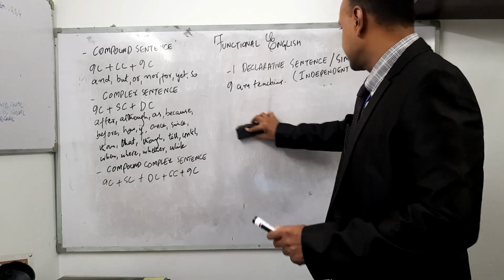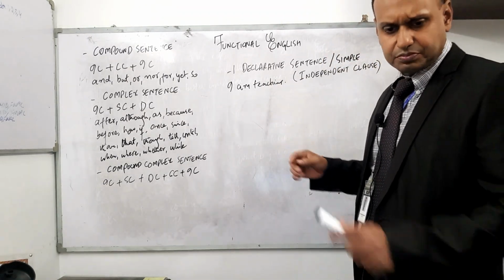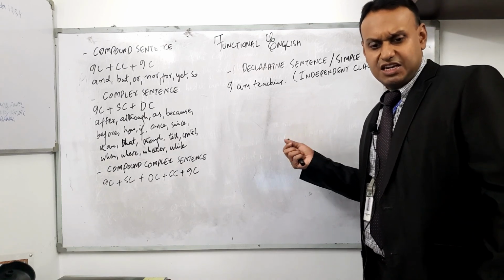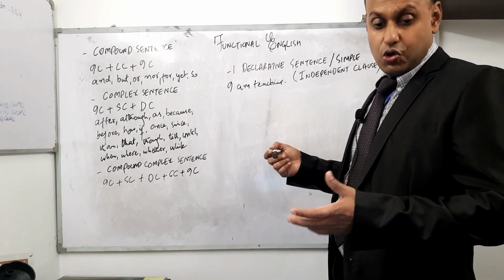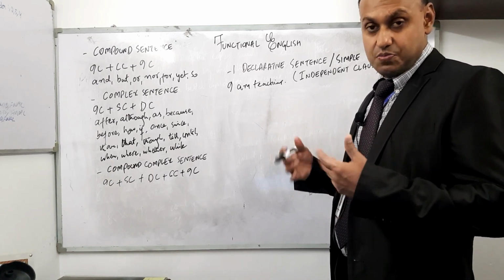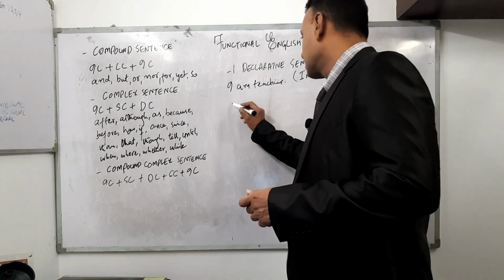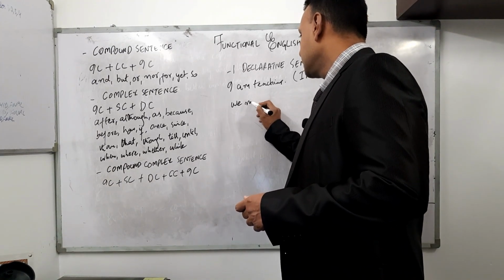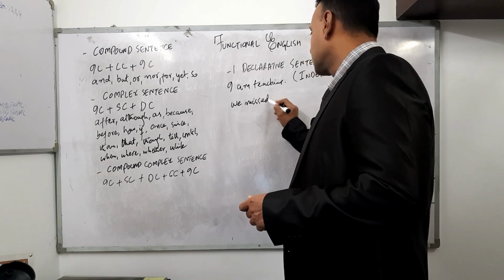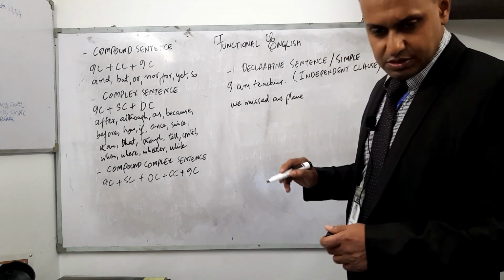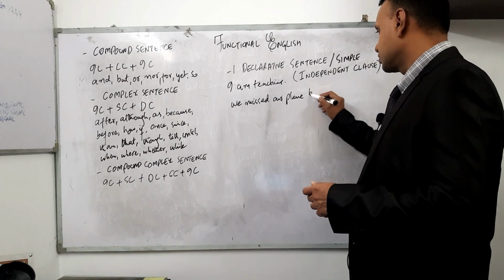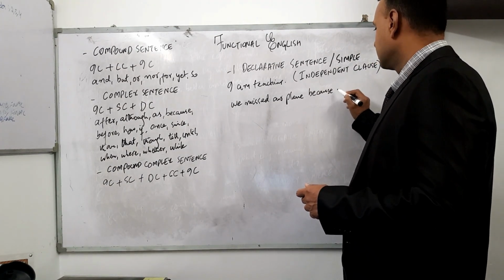So anything that can make sense on its own, that is called an independent clause. But if we go with the dependent and independent clause both together, we missed our plane because we were late. So this is one of the examples I have here.